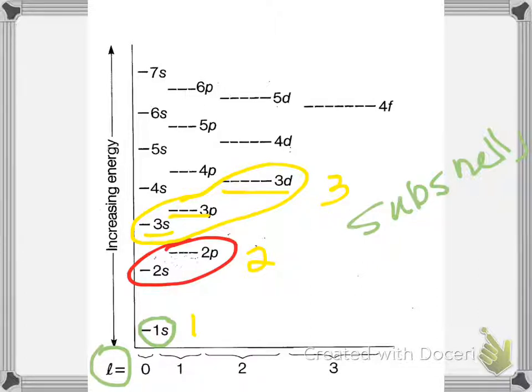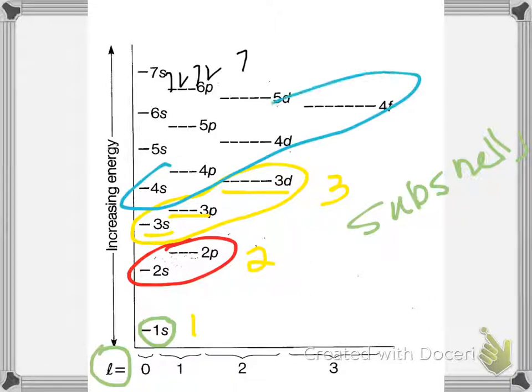Okay, so if our configuration ended at, let me see, what do we write? 6p5. So I can't really fit it into this figure on the iPad, but there's 5 electrons in the 6p orbital for our structure. The 4 has 4 subshells.